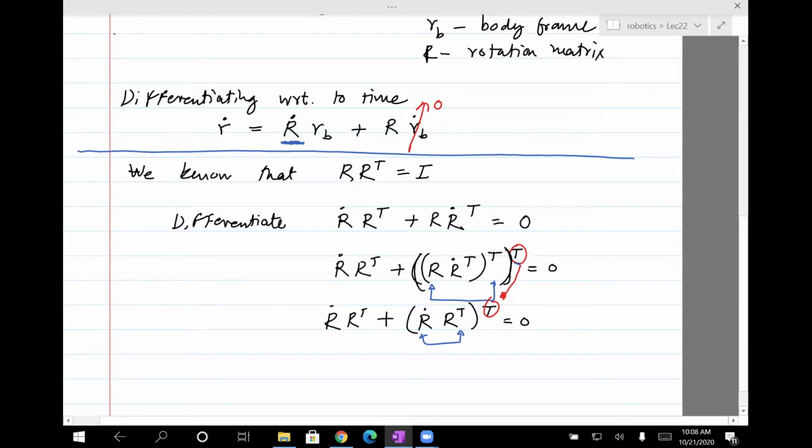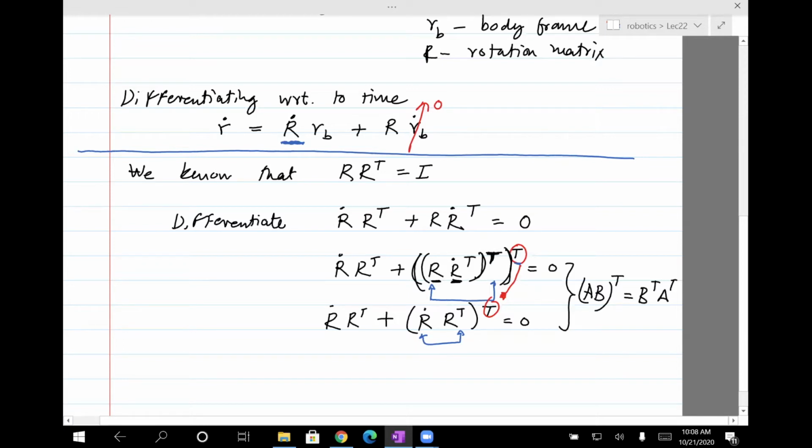This is true because of an identity which you proved in the first homework, in which you proved that (AB) transpose is the same as B transpose A transpose. So if this is A and this is B, and I take the transpose of the whole thing, then I basically switch the order.